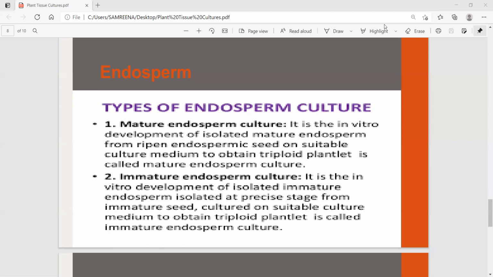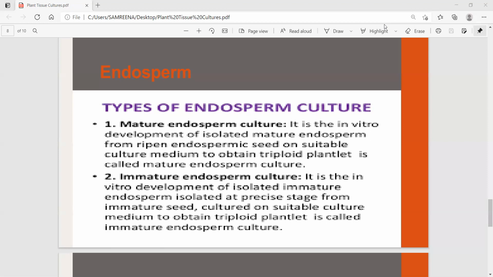Examples are cucurbits, legumes, mulberry, or sometimes the endosperm persists in the seed as a massive tissue, like in palms or castor seed. उनमें जो हमारा endosperm है वो वहां पे persist करता है.